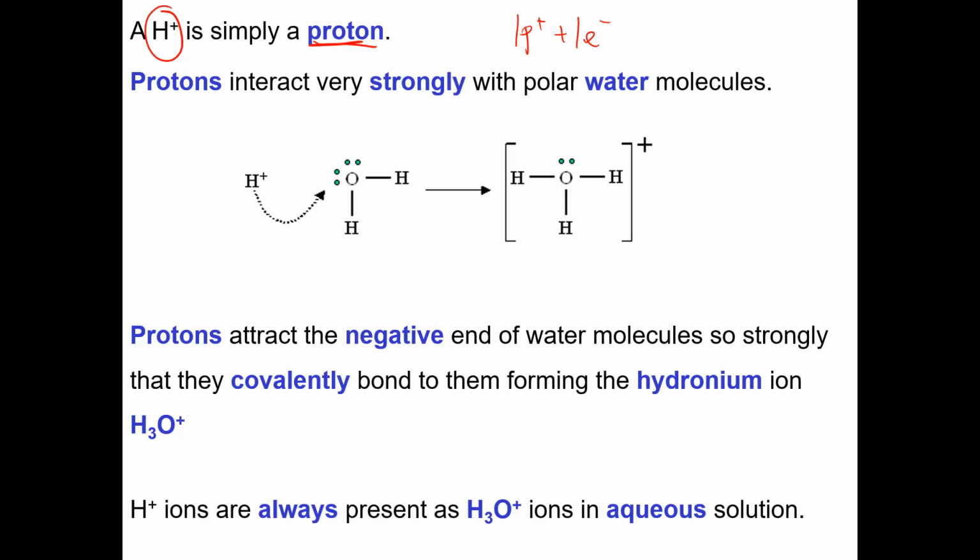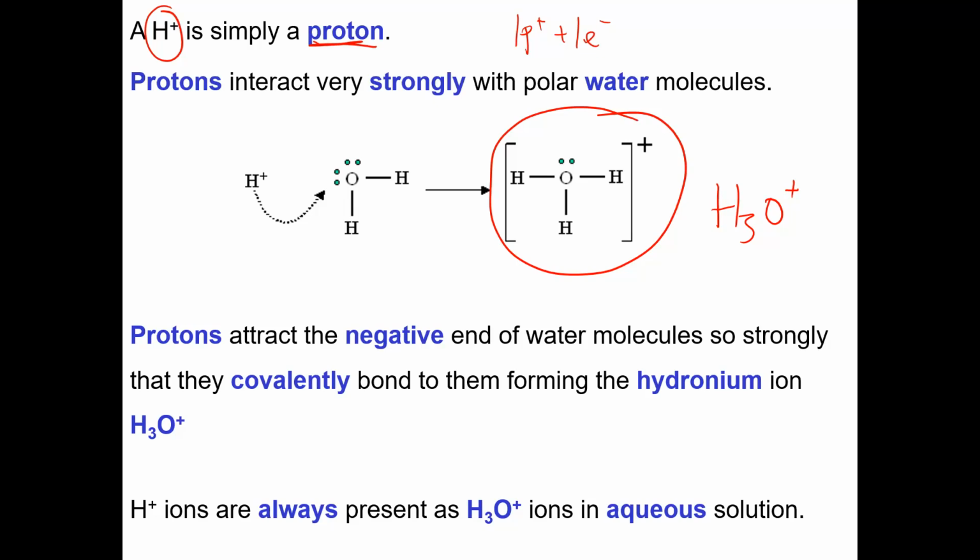Now, the proton is the most condensed form of positive charge you can get, and it interacts very strongly with water molecules. So strongly, in fact, that it forms a covalent bond to water molecules, forming what we call the hydronium ion whenever the proton is solvated in water.